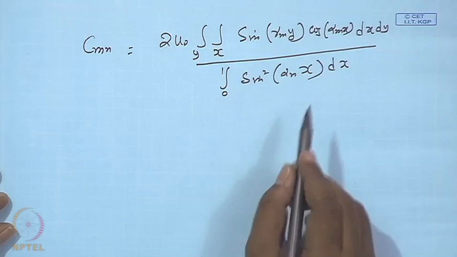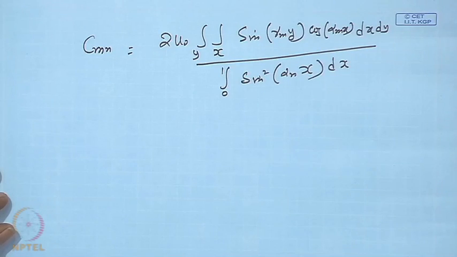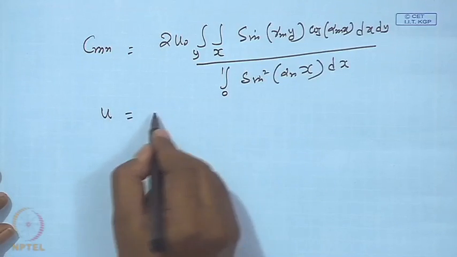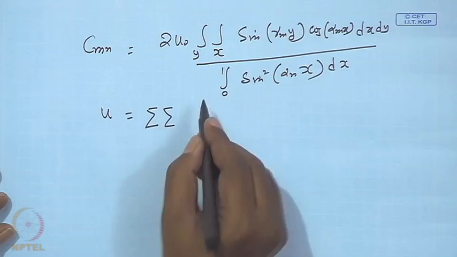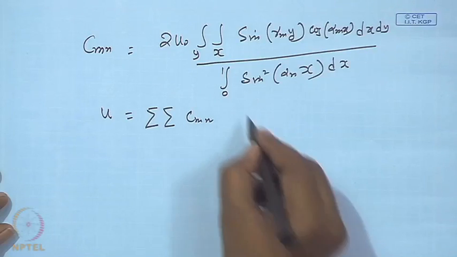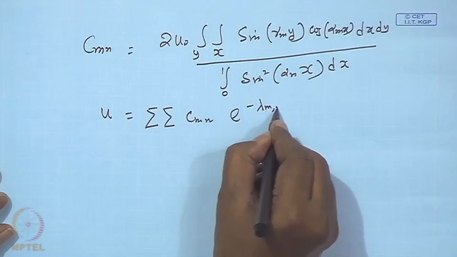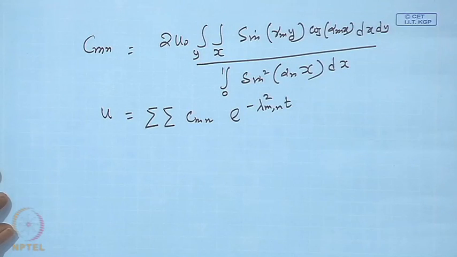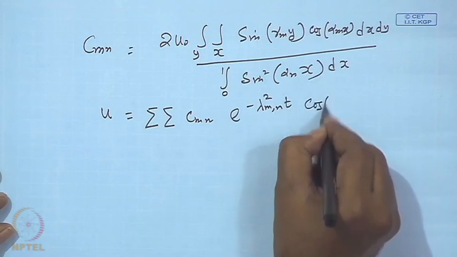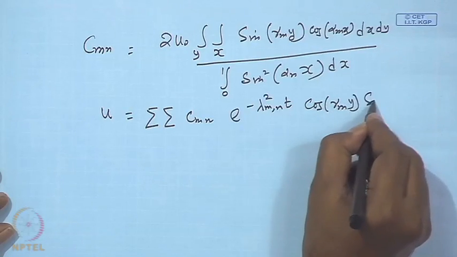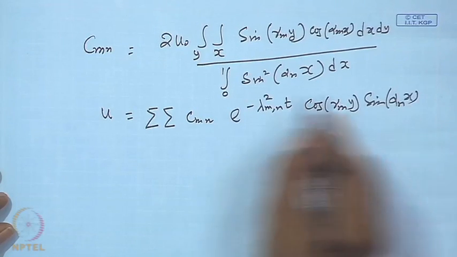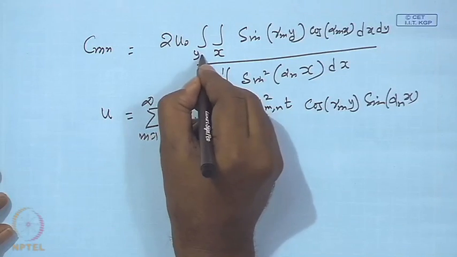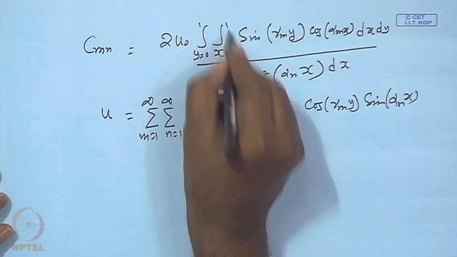So, that gives you the solution of the equation: u is equal to the double summation of C m n e to the power minus lambda m n square t, multiplied by cosine nu m y sin alpha n x, where m runs from 1 to infinity and n runs from 1 to infinity, and the integrals are from 0 to 1.